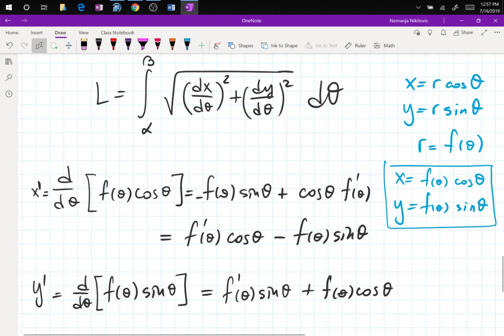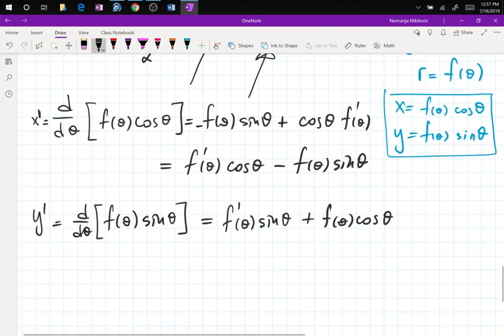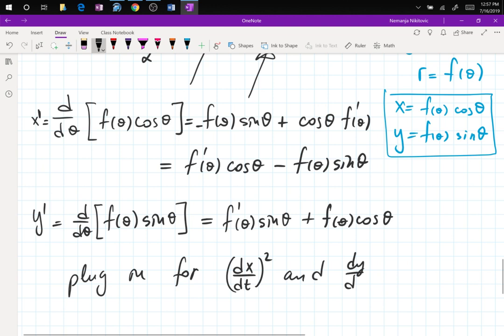Now you are going to feed these here and square them and subtract the like terms and all of that stuff. So plug in for dx d theta squared and dy d theta squared, and expand.